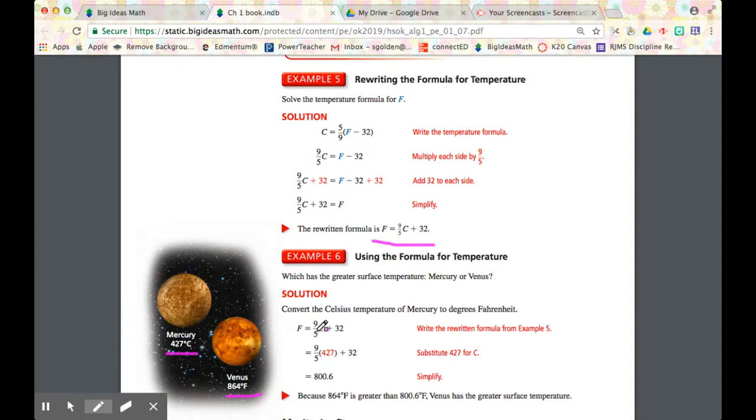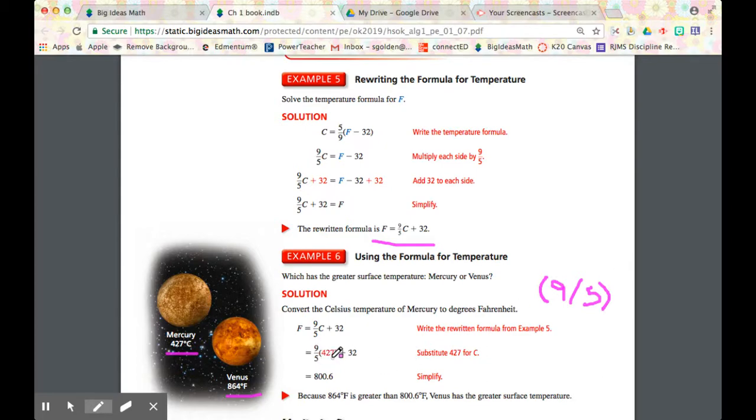So since it's 9/5 times degrees Celsius, I just take this temperature that's in degrees Celsius and plug it in, 427. That's where our handy-dandy calculators come in. We can do 9/5, and for the most part, if your little fraction button doesn't work, do it in parentheses. Do 9, the little backslash, which is the divide button, divided by 5, close parentheses, and your calculator knows that means 9/5.